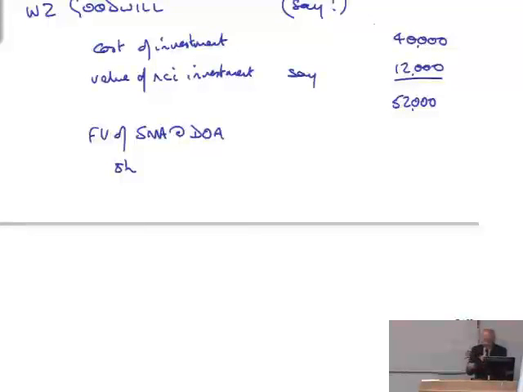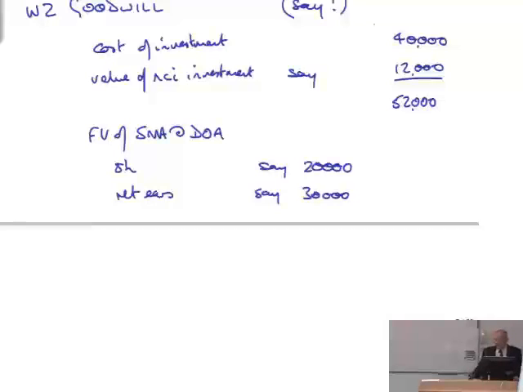So share capital, again, say 20,000. Retained earnings. Per the question, it will tell you what the retained earnings figure was at the date of acquisition. Retained earnings, say 30,000.